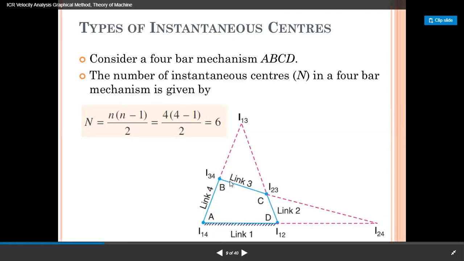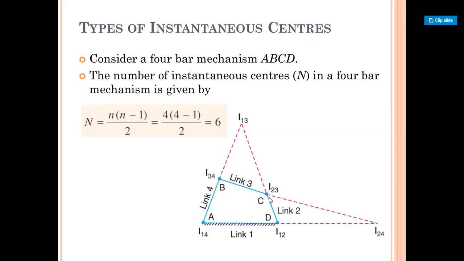Link number 3 is connected with link number 4, and also it's connected with link number 2. All three links are movable. No one link is fixed. So since all three links are movable, the two instantaneous centers which are on the joints of these links are called permanent instantaneous centers.